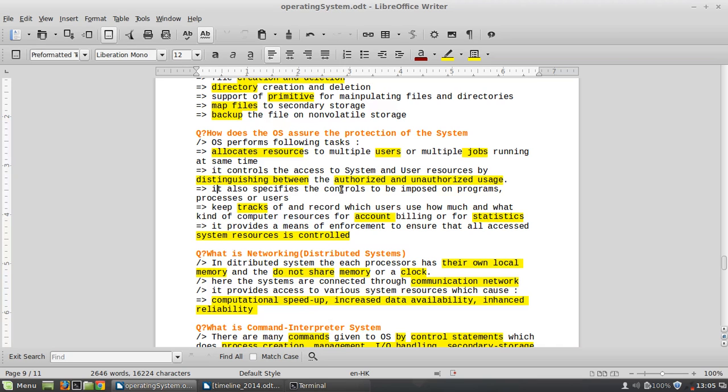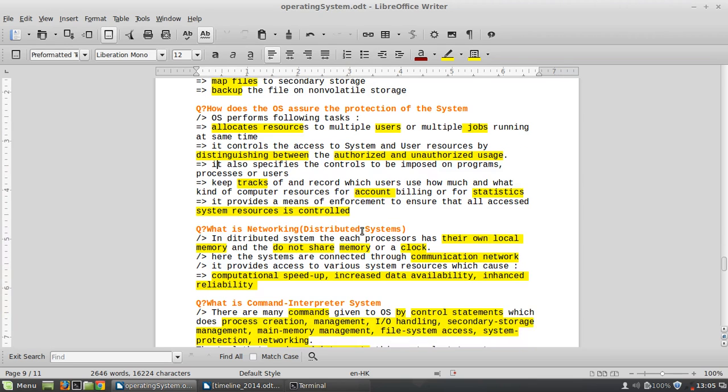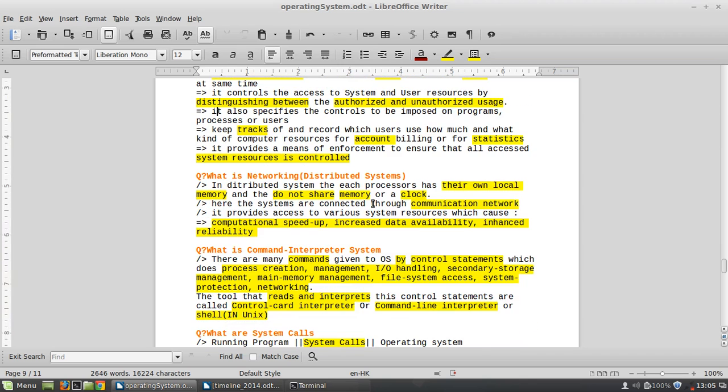It also specifies the control to be imposed on programs, processes or users. And lastly, it provides a means of enforcement to ensure that all accessed system resources are within control, so there is no misuse of the system resources.